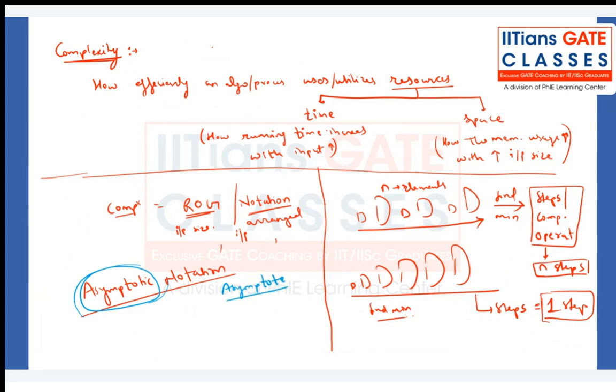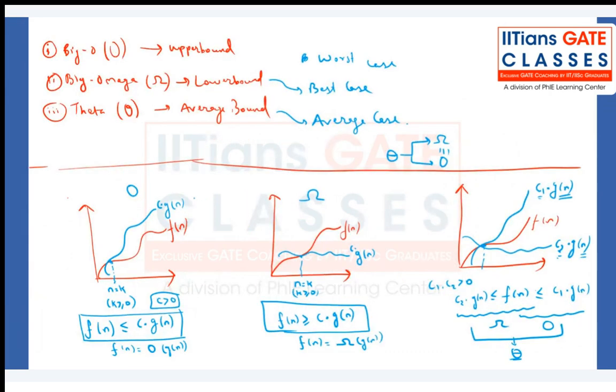So before asymptotic, what's an asymptote? An asymptote is basically some line which appears to meet a function, but it never meets it. It just appears that it will meet, but it doesn't meet in a finite distance. If you look at all the notations that we studied, doesn't it look like so?